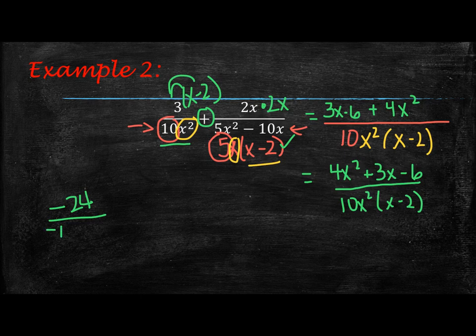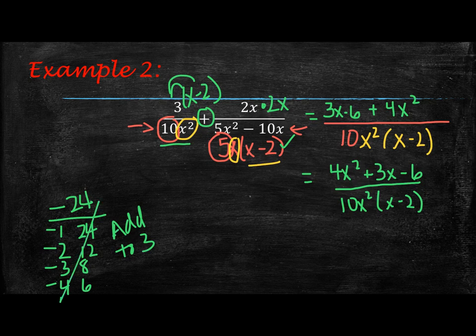So we would have negative 1 times 24, negative 2 times 12, negative 3 times 8, negative 4 times 6, but none of these add up to 3. And so therefore we know it does not factor. So this would be your final answer.